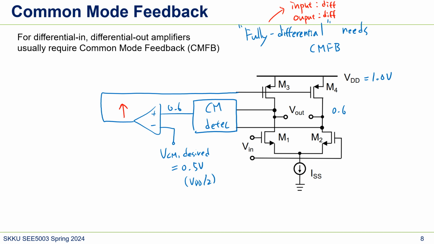Because now Vout is 0.6 volts and the VCM is 0.5 volt. So the output of this amplifier is a high value, and that would change the V bias. If V bias goes up, this PMOS gets weak, right?